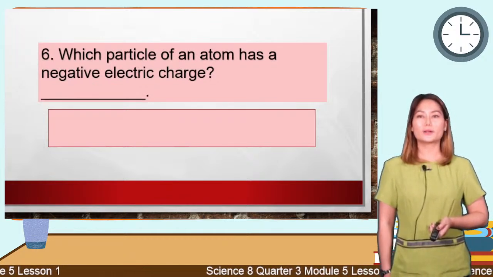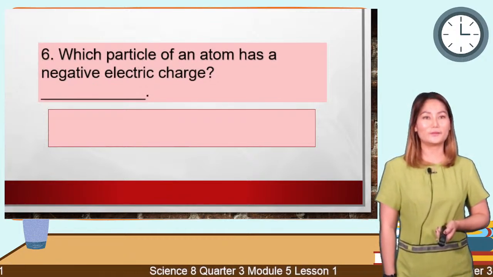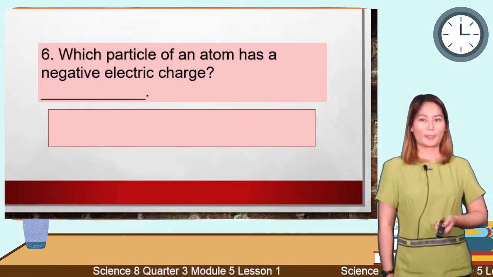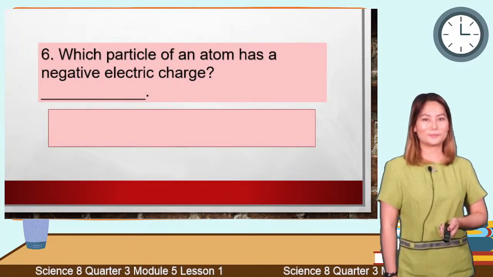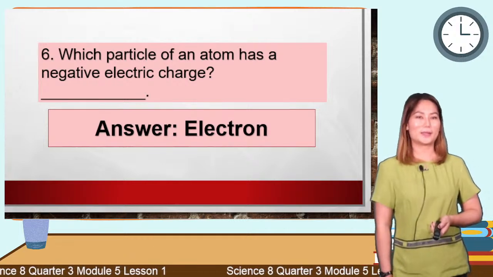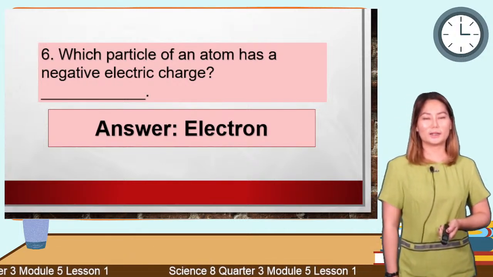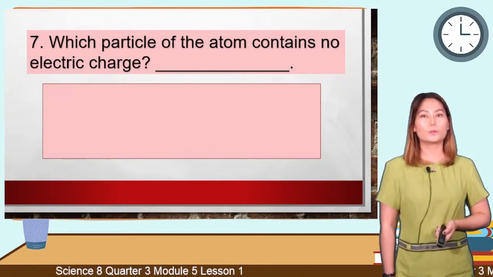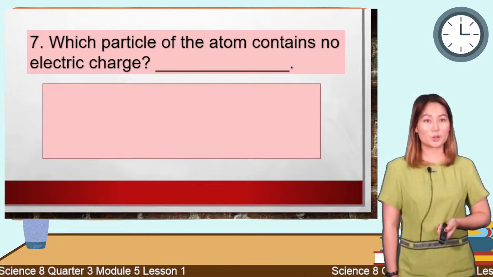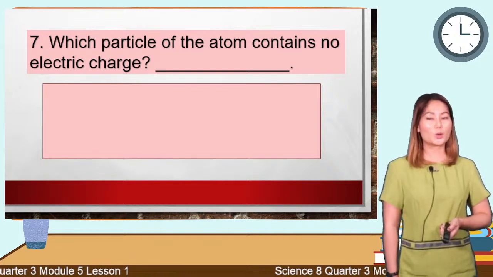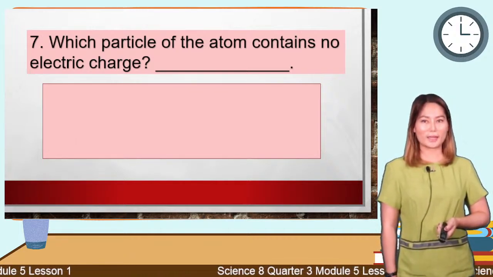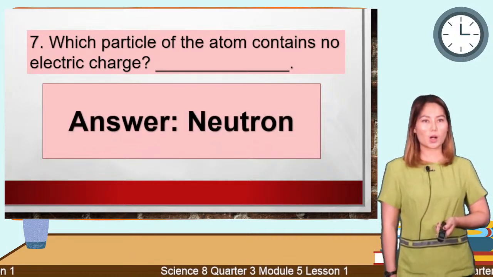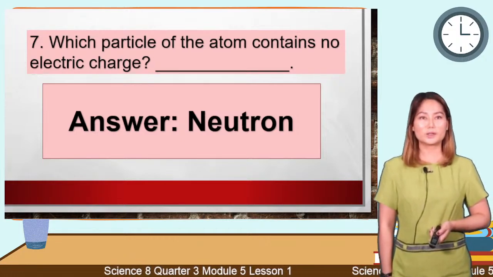Which particle of an atom has a negative electric charge? What is your answer? Very good. The answer is electron. Question number 7. Which particle of the atom contains no electric charge? What is your answer? The correct answer is neutron. Very good.